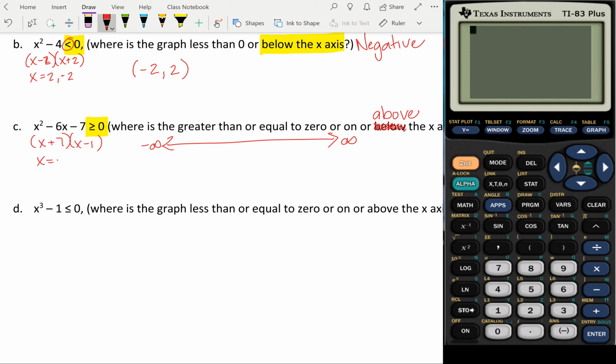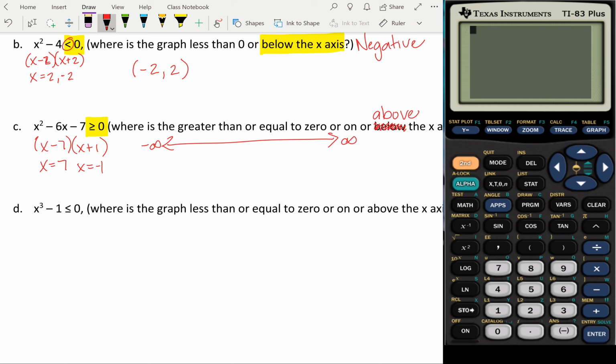So x equals -7, positive 1. Did I do that right? Nope, I didn't. Sometimes I make mistakes. x minus 7, x plus 1. I know x equals 7, x equals -1.